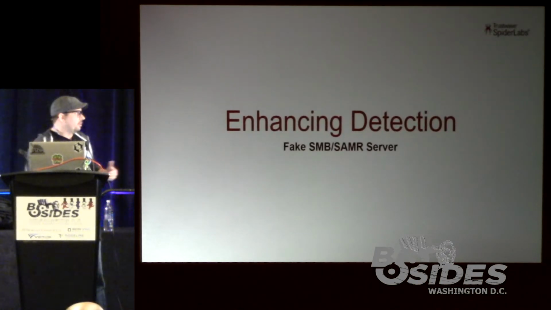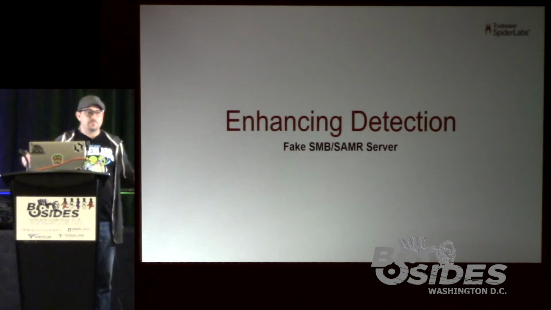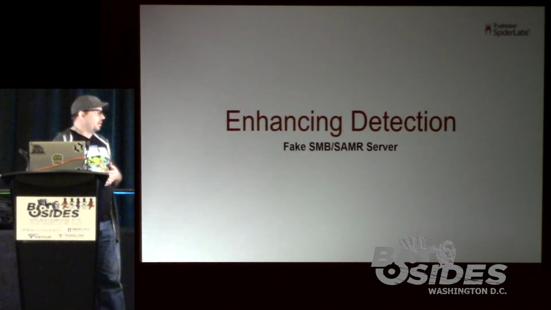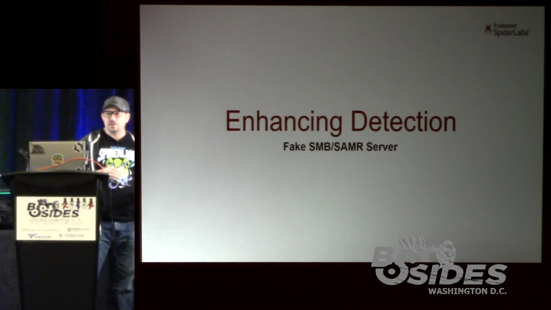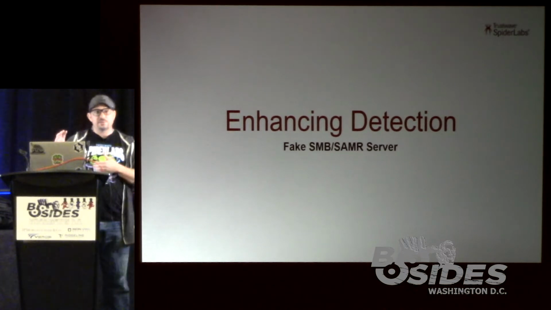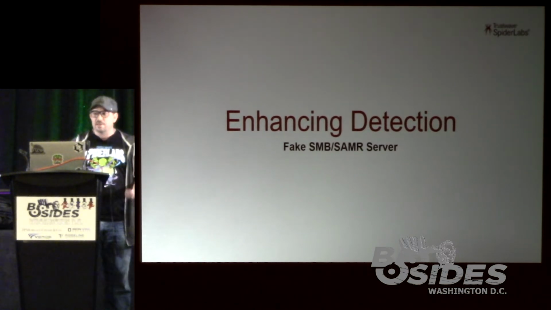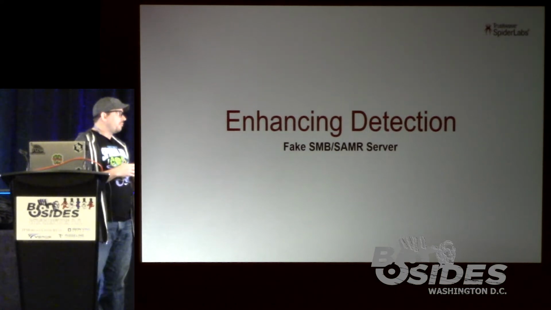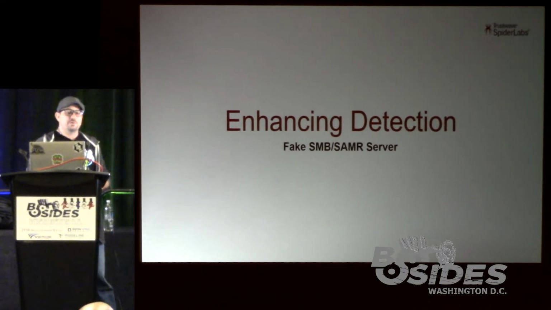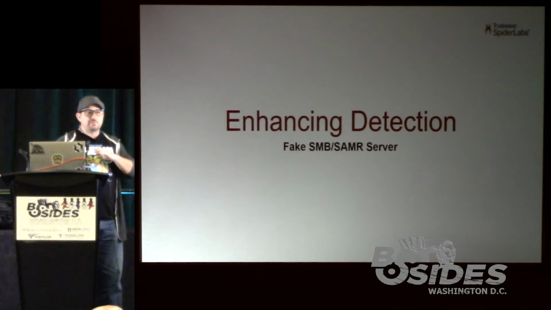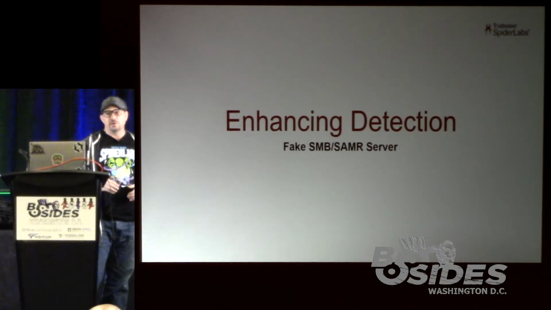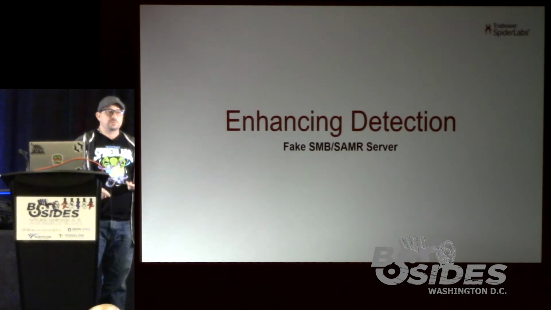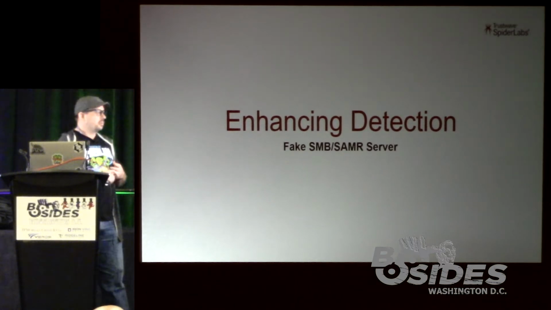So that's great. DNS is loud. There might be some rogue stuff in your environment that hits your canaries, and you have to filter that out. So how do we add some fidelity to that? How do we enhance that detection? We do so with something that I modified in Impacket's SMB server to allow you to put fake data in it, like who's in the local admins group, and sessions.